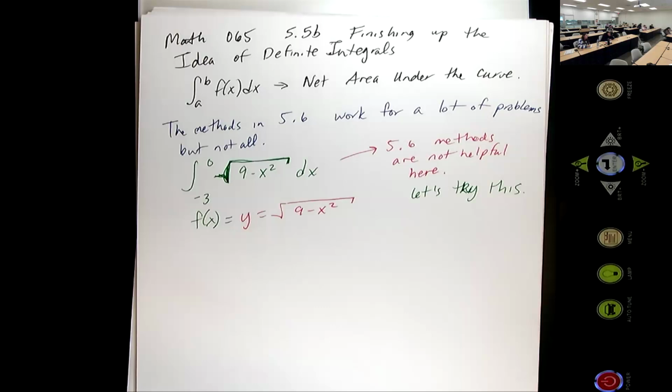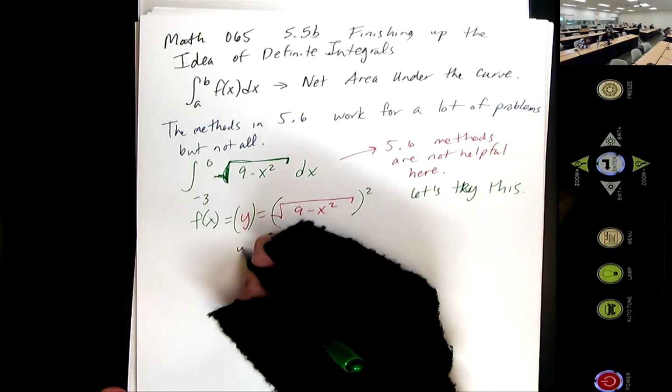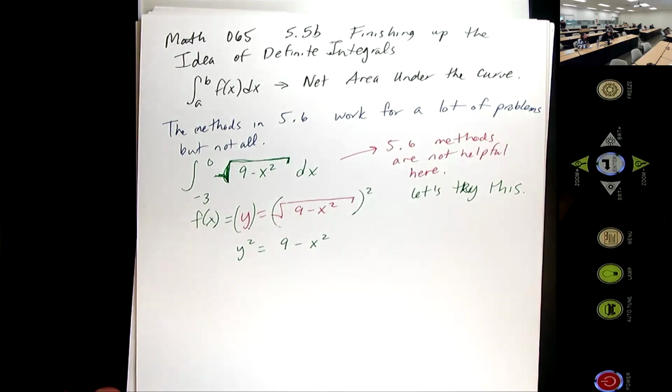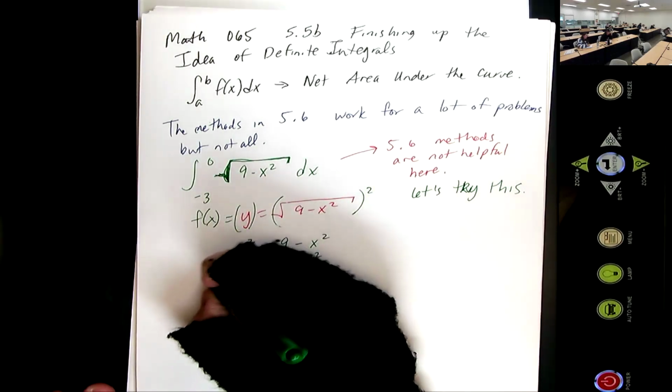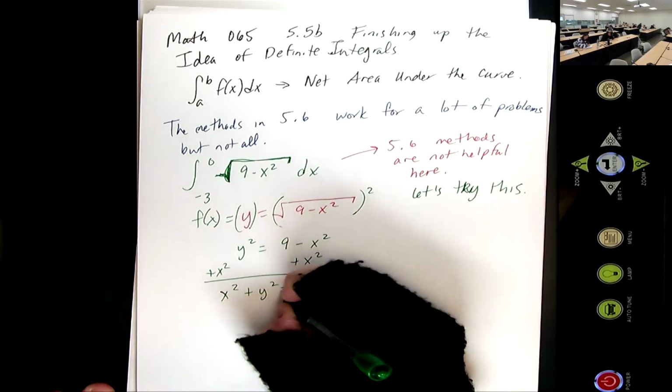Well, if I squared both sides, y squared equals 9 minus x squared. And if I add x squared to both sides, I have x squared plus y squared equals 9.